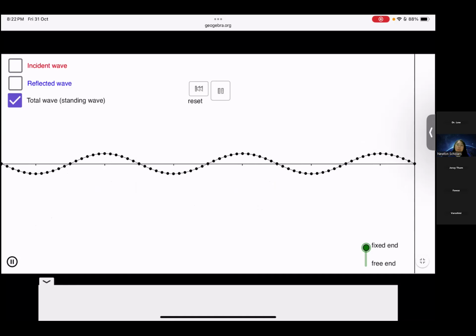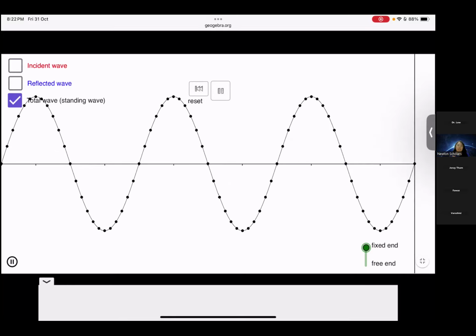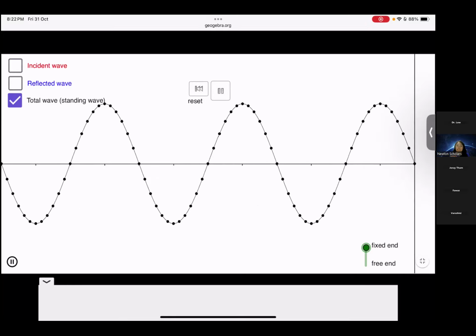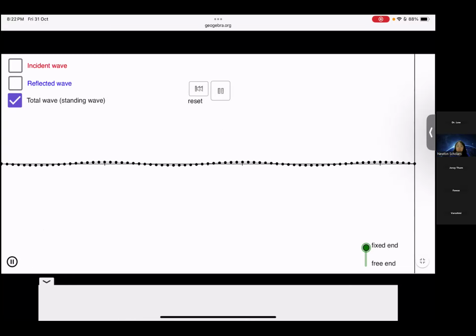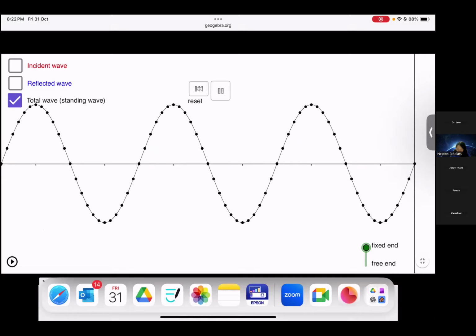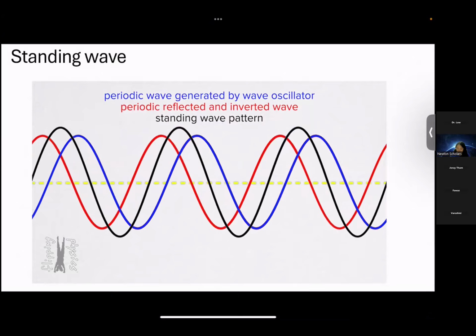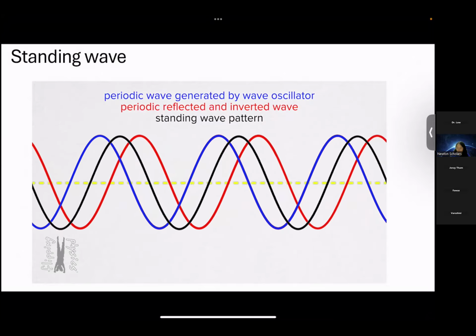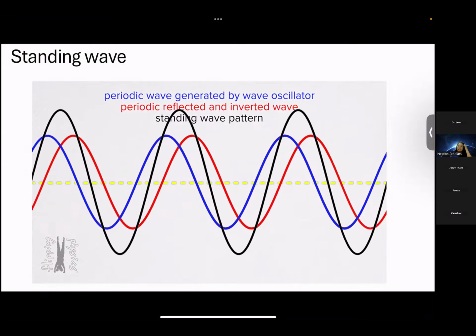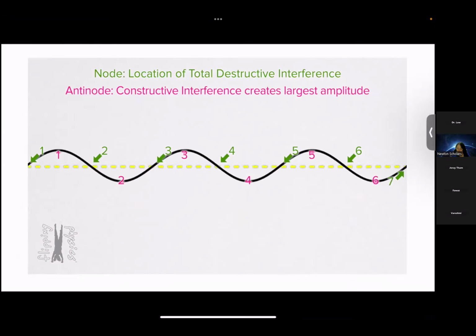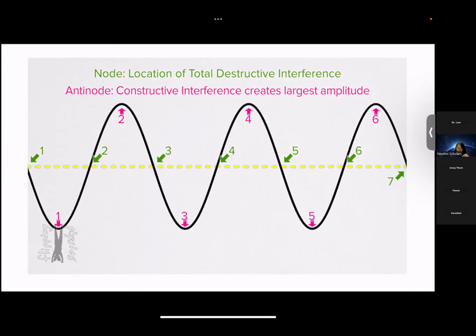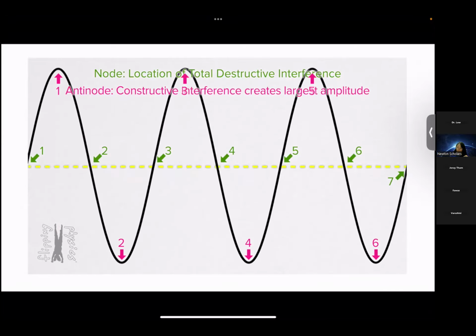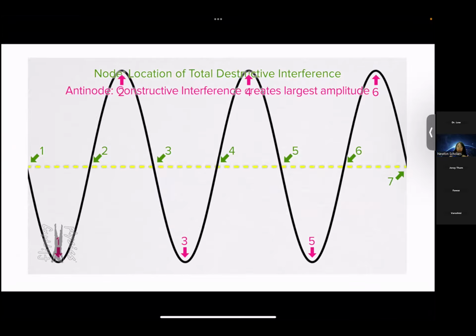This resultant wave effect is called a standing wave, or stationary wave. If we come back to my slide here, the black color is your resultant. Red and blue are the reflected and incident waves. This is the resultant, which is the standing wave. At the end, we produce such an effect.